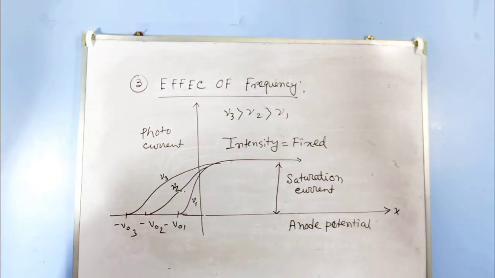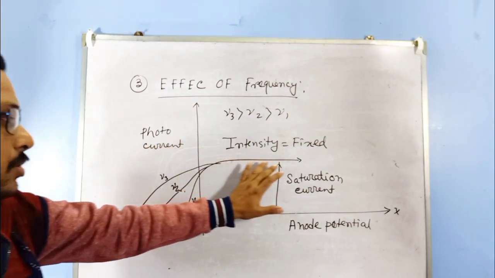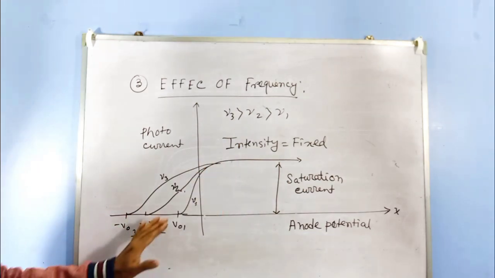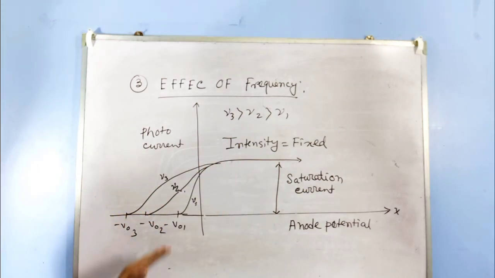if we increase the anode potential, photocurrent will also increase, and below a certain frequency no photocurrent exists.